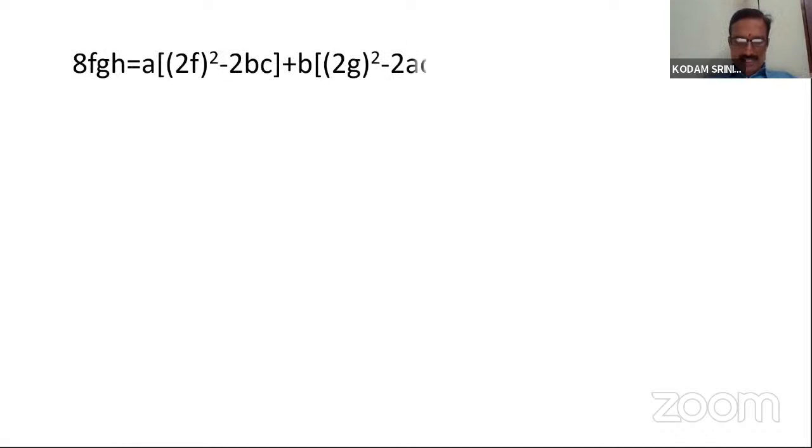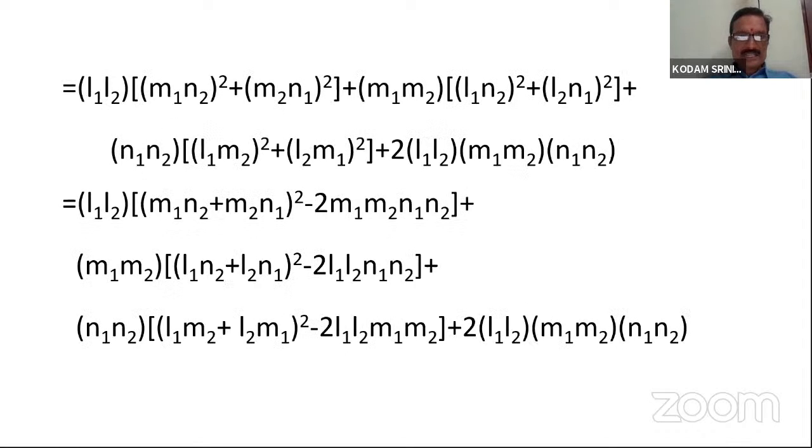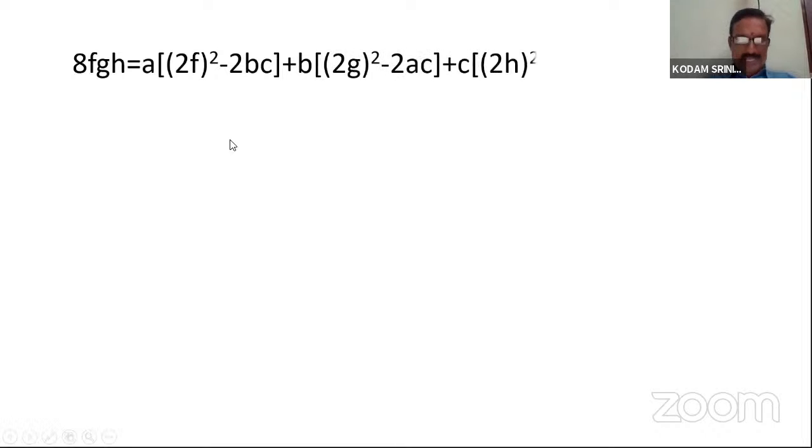Now just substitute the values. Already we have taken L1 L2 as A, and M1 N2 plus M2 N1 as 2F.